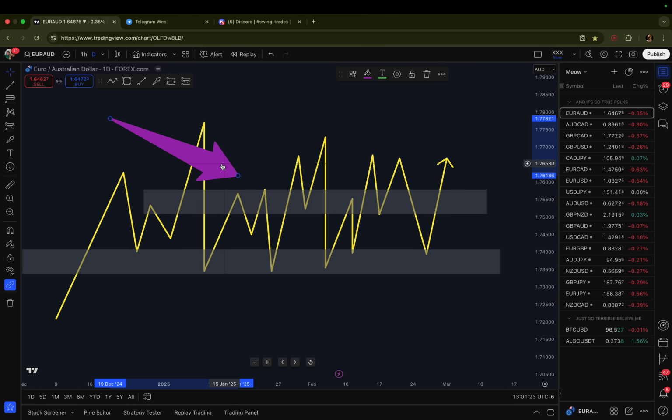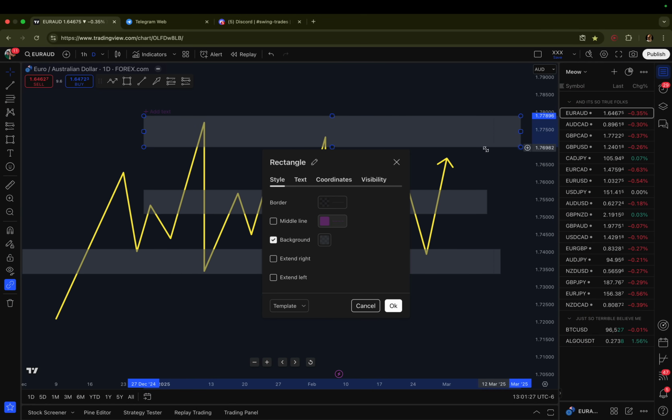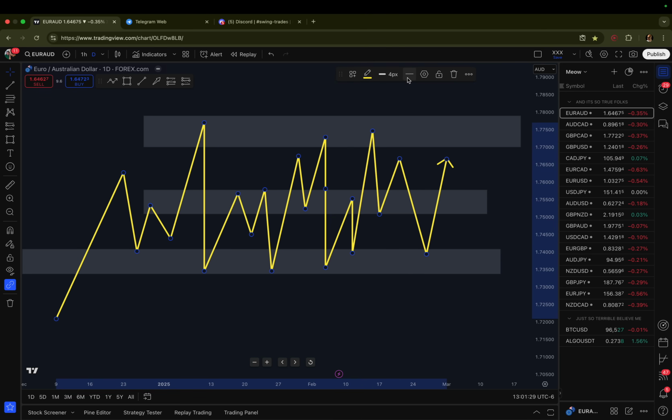And so whenever we're looking at big major zones in the chart, we're looking at the areas where most people are likely to do one of two things. Number one, take profits or place orders. So think about this. Let's say you sell up here because you think this is a good resistance zone, for whatever reason, let's say right here, right? So you sell up here, you're like, yep, it's clear enough.